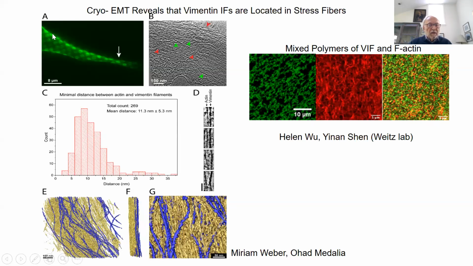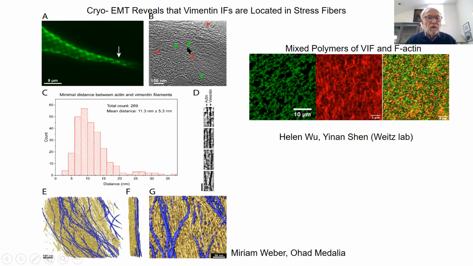This is an example of the kind of correlated light and EM that Miriam Weber and Ohad are carrying out in Zurich. You can see this is a cell growing on a gold grid, and then it's processed by rapid freezing for cryo-EM tomography.